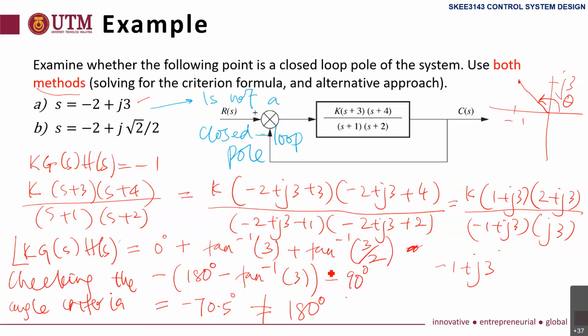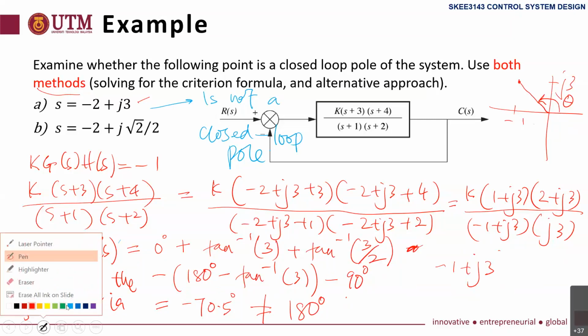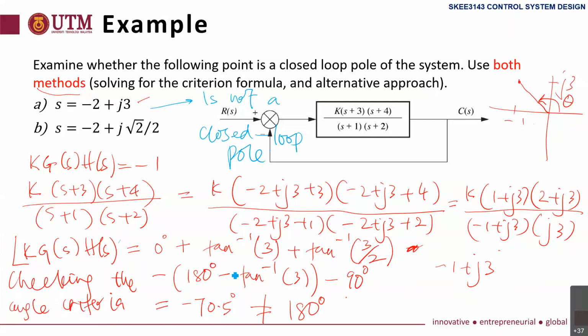So minus 2 plus j3 is not a closed loop pole. I mentioned just now that another approach is to obtain the angle of zeros minus the angle of poles, referring to the angle of the numerator minus the angle of the poles.